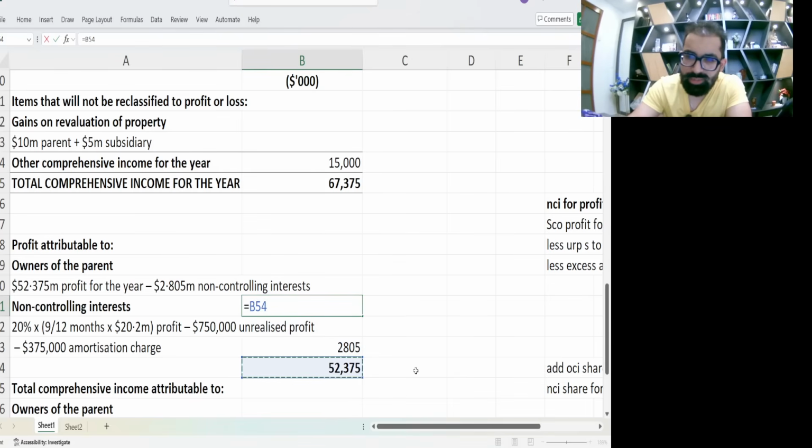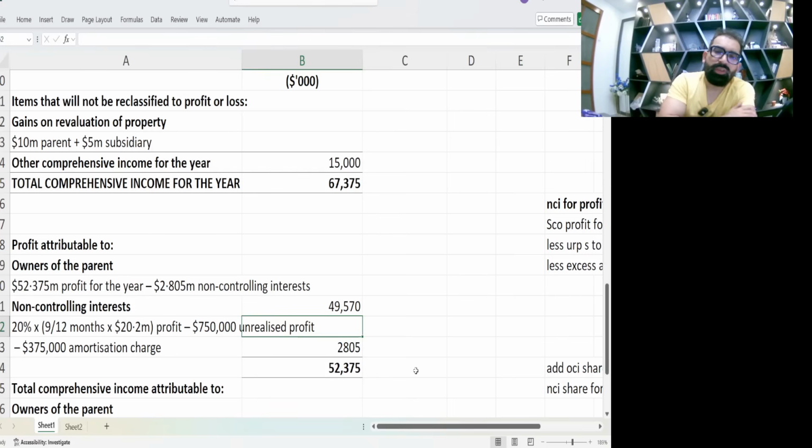This minus this, 49570. I have calculated the breakup for profit. It is not difficult, please. It is a normal thing. If you have done consolidation, you must know.